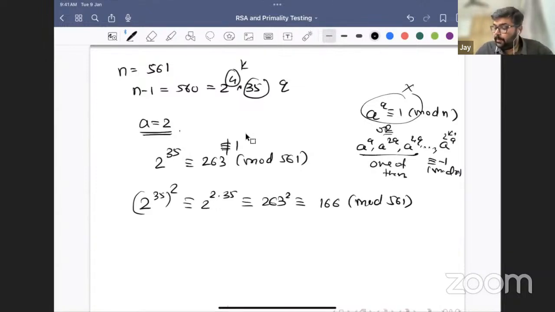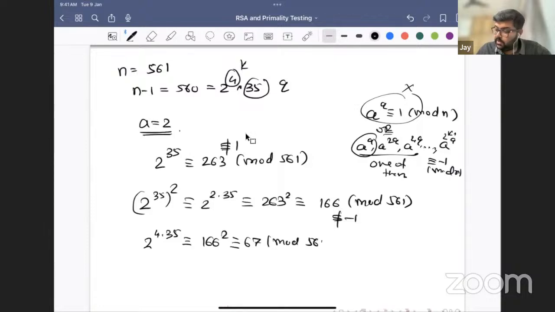This can be done easily. So this is not minus 1. The first one is not 1 and not minus 1, and then again we square. So 2 power 4 times 35 is 166 squared, which is congruent to 67 modulo 561, which is again not minus 1.